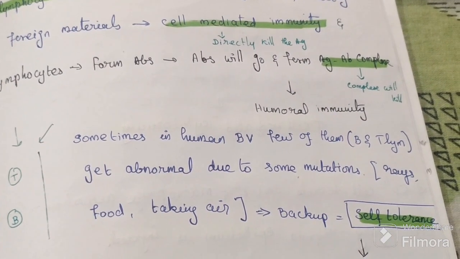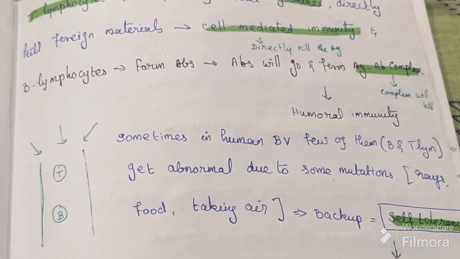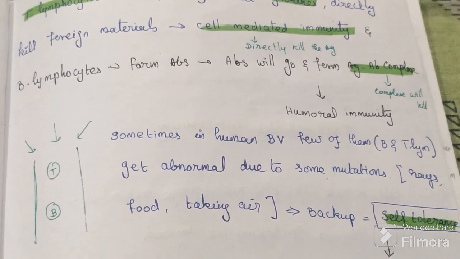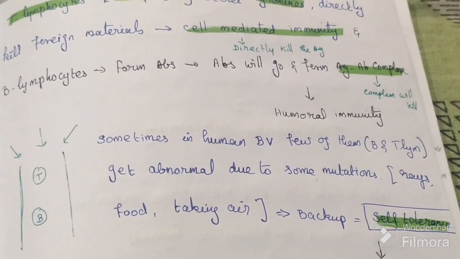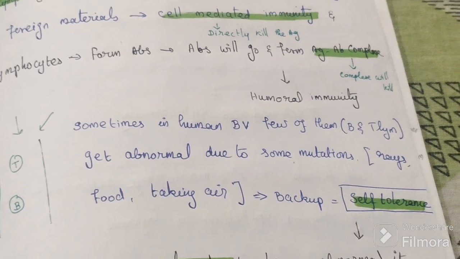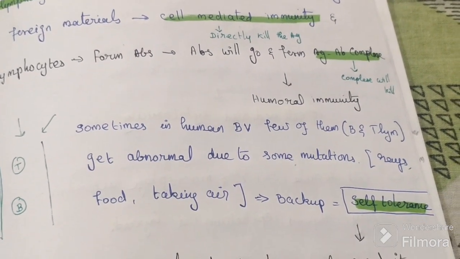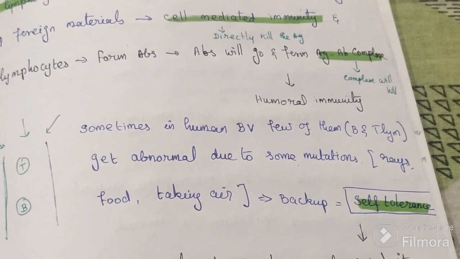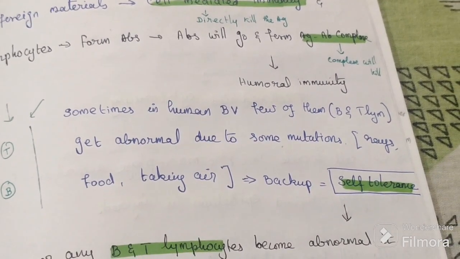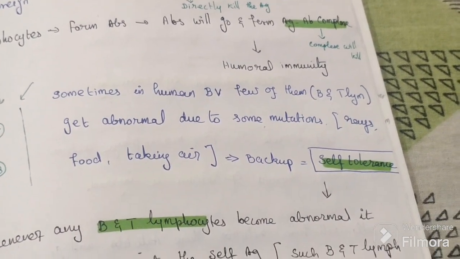We are constantly exposed to the environment, which has multiple mutagens. We are exposed to rays, we eat food, we take in air, so they carry multiple mutagens.